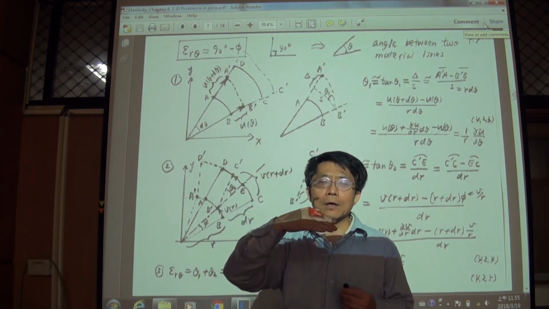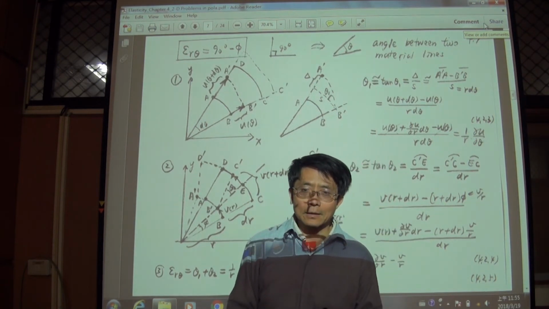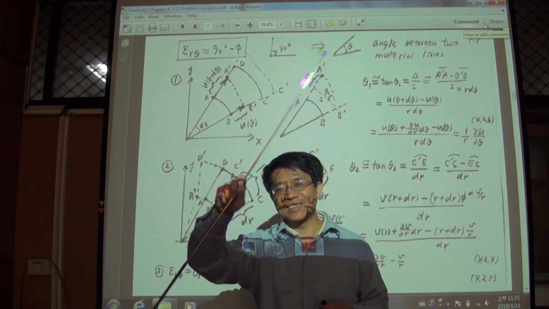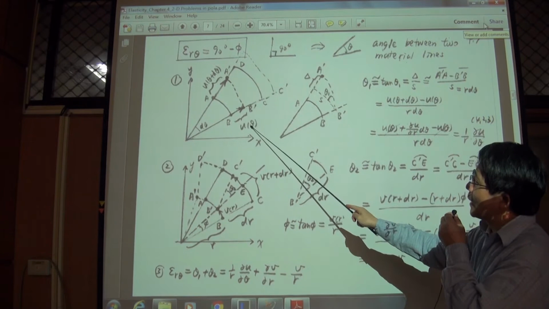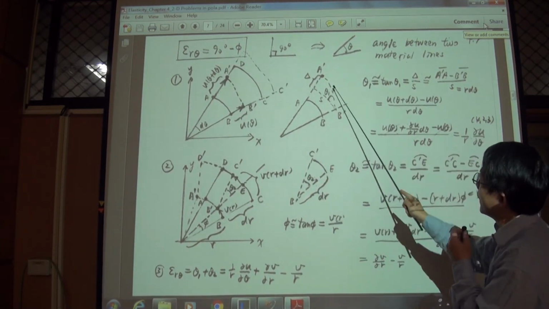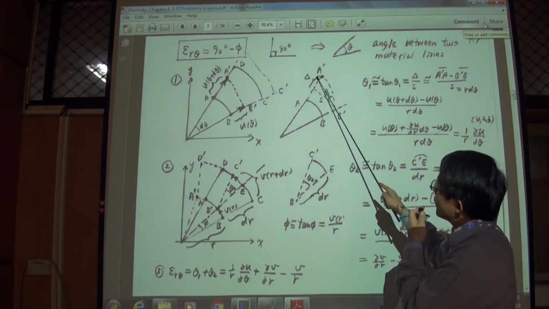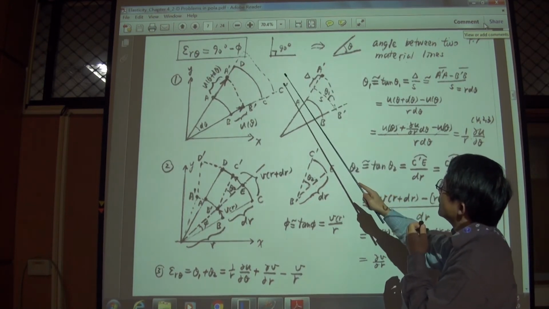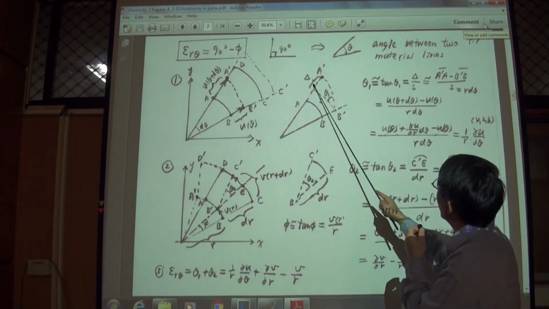You have the shear angle. So the displacement here is small and the displacement here is large. It will give us the increment in theta. This one subtracted from this one is called delta.